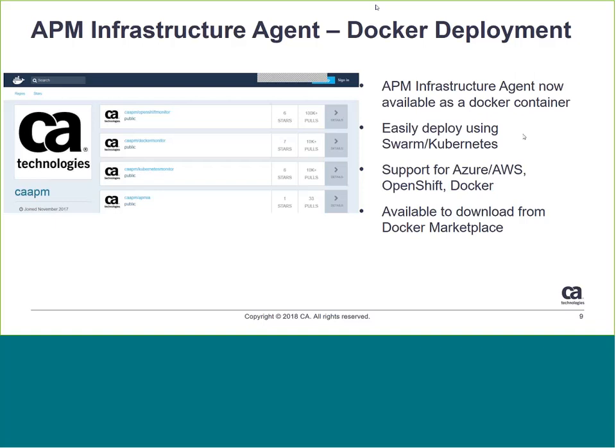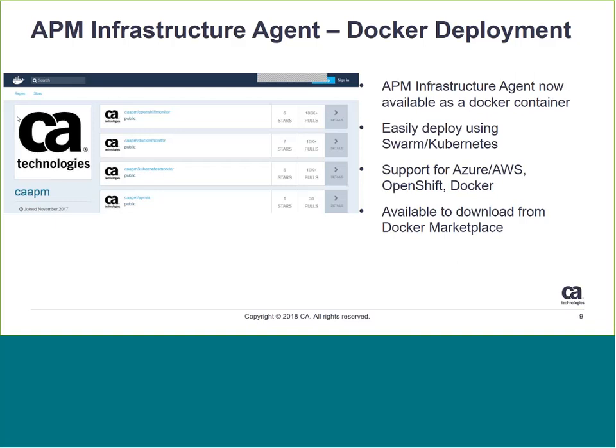In addition, along with the Docker monitor images, we also publish an image which includes all the other monitoring extensions that the APM Infrastructure Agent provides. The APM Infrastructure Agent, if you've not used it yet, is an agent that combines all the non-application monitoring: web servers, databases, container monitoring, host monitoring. All of these are part of the APM Infrastructure Agent.